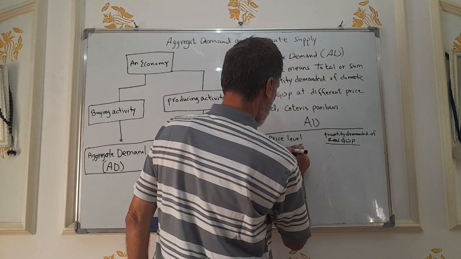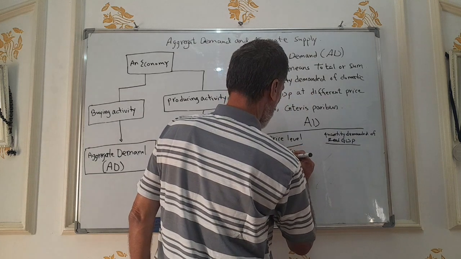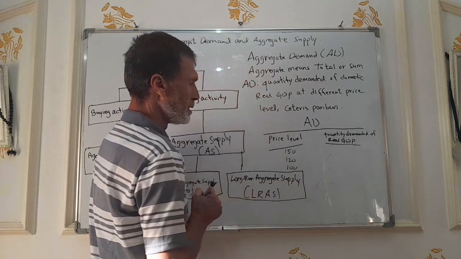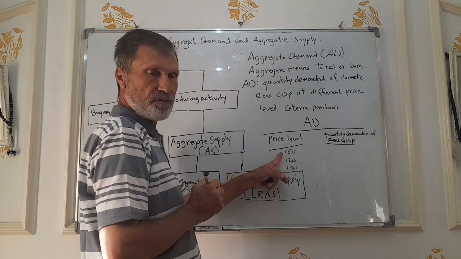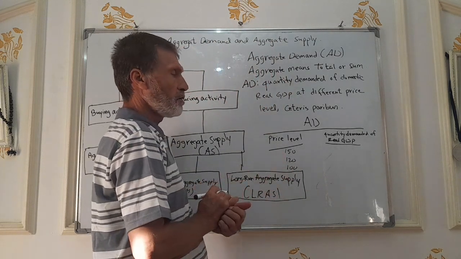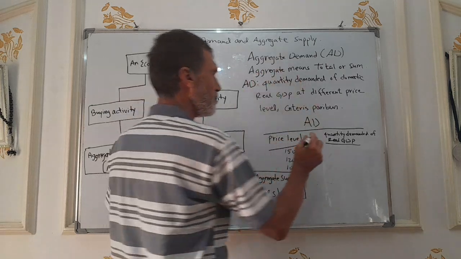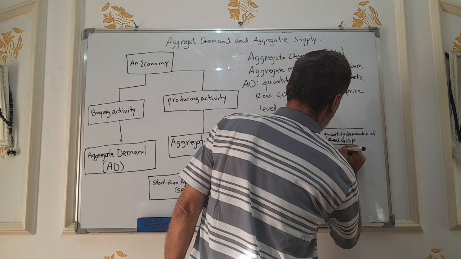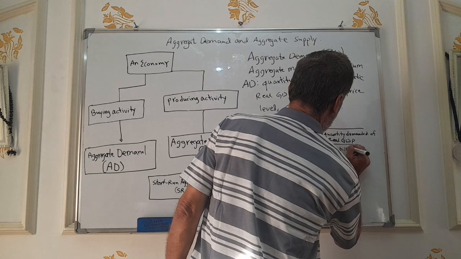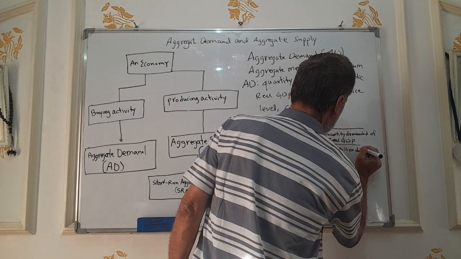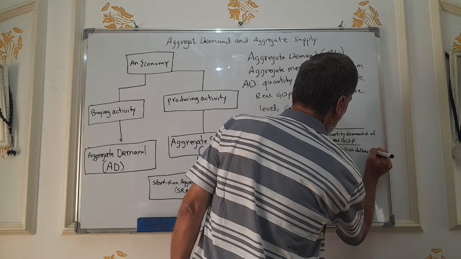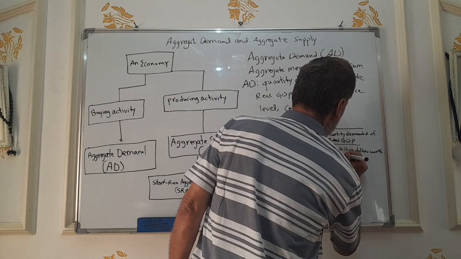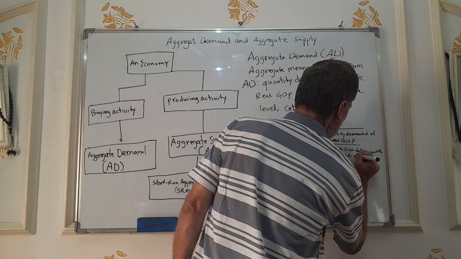Let's start with 150, 120, and 100. When the price level was 150, then the quantity demanded of real GDP, let's say 100 billion dollars worth of goods and services.